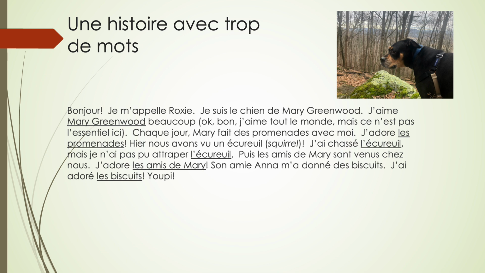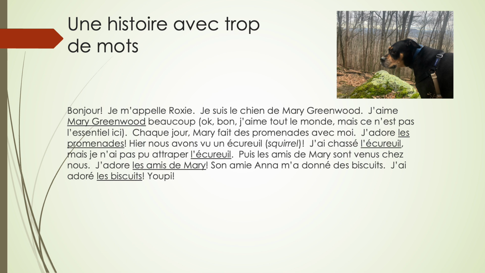J'ai chassé l'écureuil, mais je n'ai pas pu attraper l'écureuil. So, écureuil gets repeated twice after the initial occurrence of the word. Puis, les amis de Mary sont venus chez nous. J'adore les amis de Mary. So we can replace les amis de Mary with a pronoun. Son amie Anna m'a donné des biscuits. J'ai adoré les biscuits. So les biscuits we can replace with a pronoun.